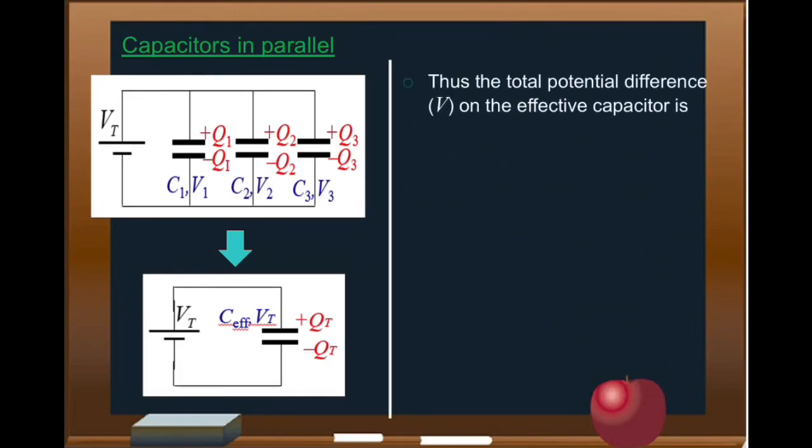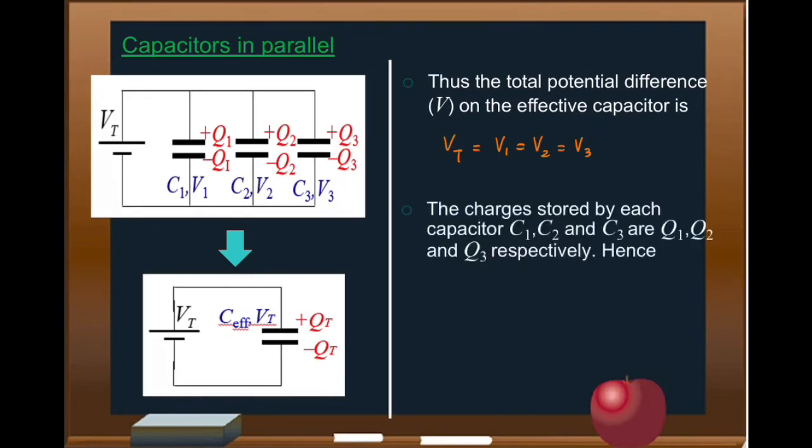Thus, the potential difference V on the effective capacitor can be written as Vt is equal to V1, equal to V2, and equal to V3. The charges stored by each capacitor C1, C2, and C3 are Q1, Q2, and Q3 respectively.